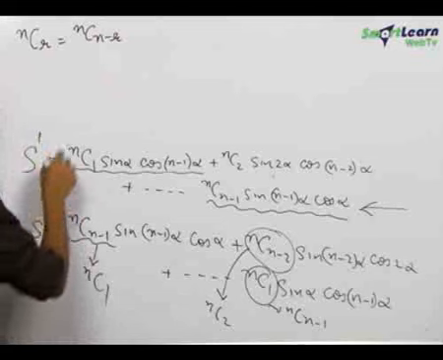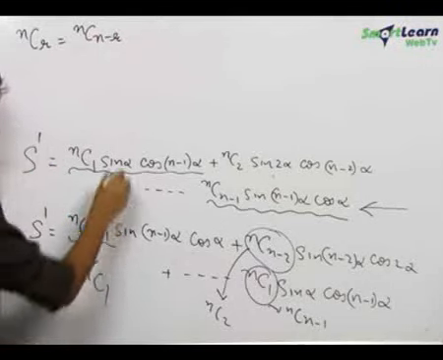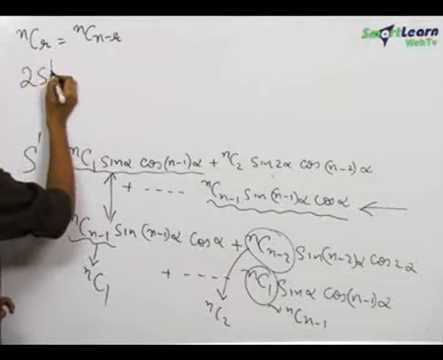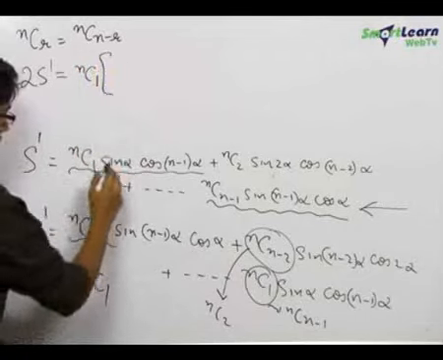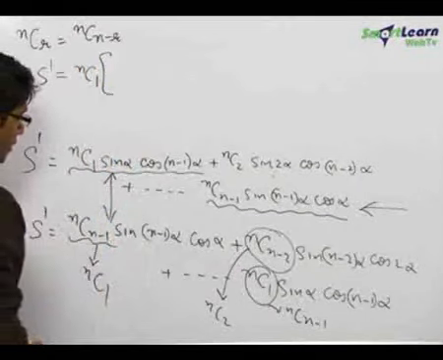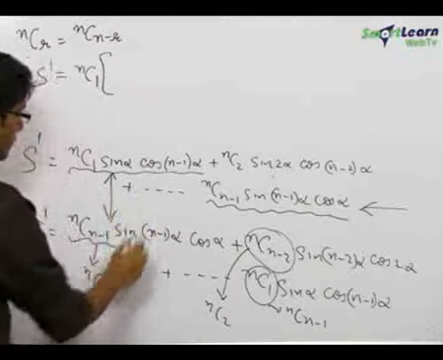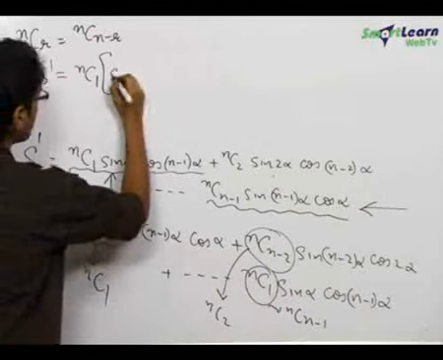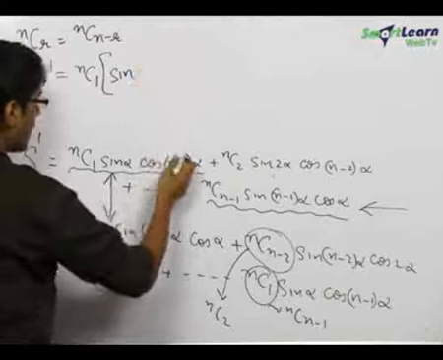Now we add both the two expressions vertically, one term with the other, to get 2S dash is equal to nC1 times sin alpha into cos (n minus 1) alpha plus sin (n minus 1) alpha into cos alpha. This is sin a cos b plus cos a sin b, which is sin of (a plus b). So we get sin of n alpha.